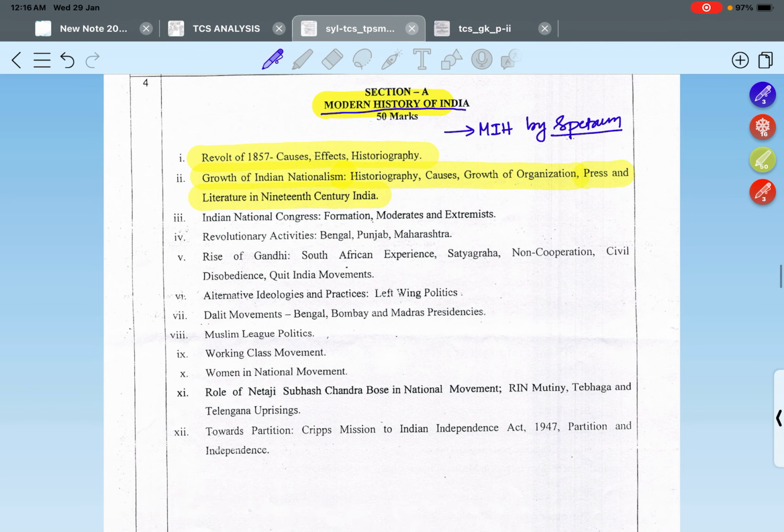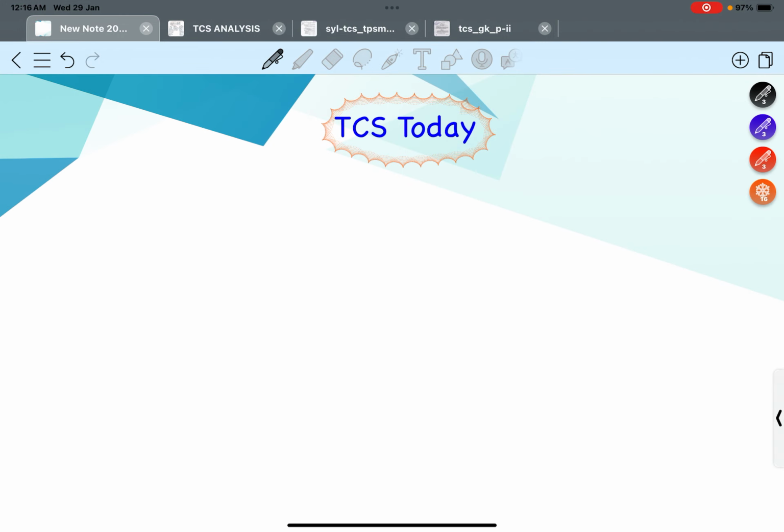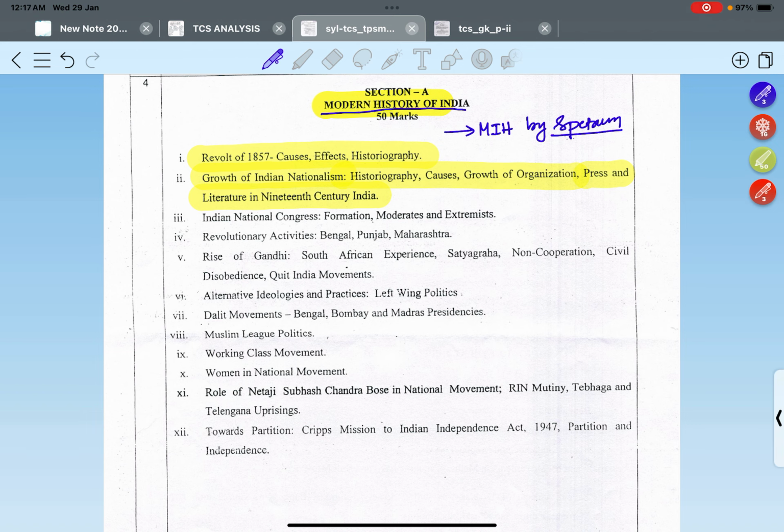Okay, so now I will take an example of a particular topic, and through that topic I will make you understand how much to study from a topic, generally for TCS, the Tripura Civil Services Examination. Okay, so let's go. So here, from the syllabus, let me take the first topic, Revolt of 1857, causes, effects and historiography.